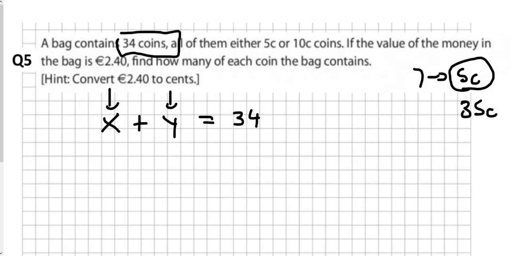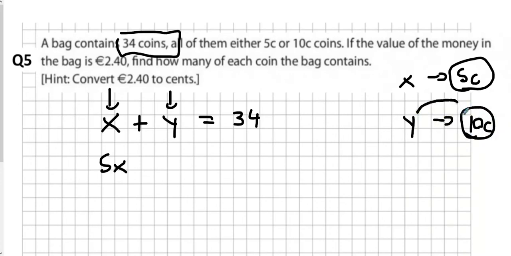Now, if I don't have 7 5-cent coins, but I have x 5-cent coins, you still do the same thing. You still multiply and you get 5x. It tells you how much your 5-cent coins are worth. And it's the same for the 10-cent coins. If you have y 10-cent coins, you multiply the number of coins you have by the value per coin, and that tells you how much your total amount of coins is worth. And that's why we have 10y for that. And we're going to convert €2.40 into cents to get 240.